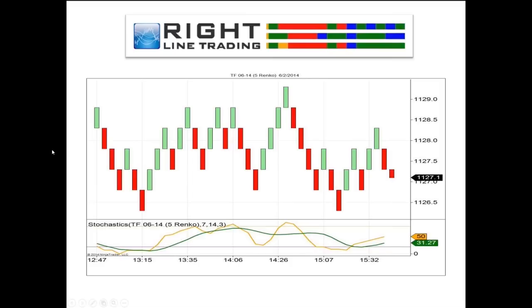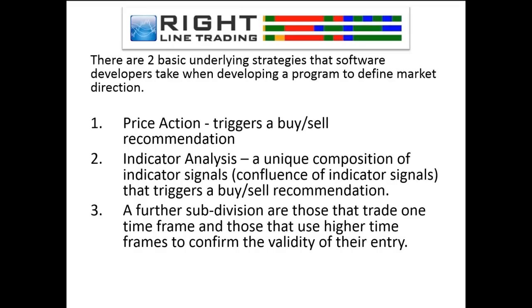And when I talk about predictive value, I talk about the sensitivity and specificity of the trade, because positive predictive value is the sensitivity of the trade over the specificity of the trade. And I'll just talk about that a little more in a minute. And a further subdivision are those that trade one time frame and those that use multiple higher time frames to confirm the validity of their entry.